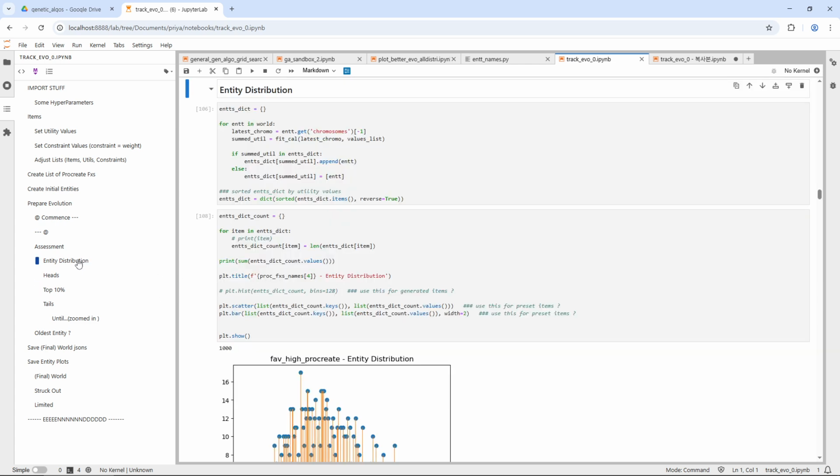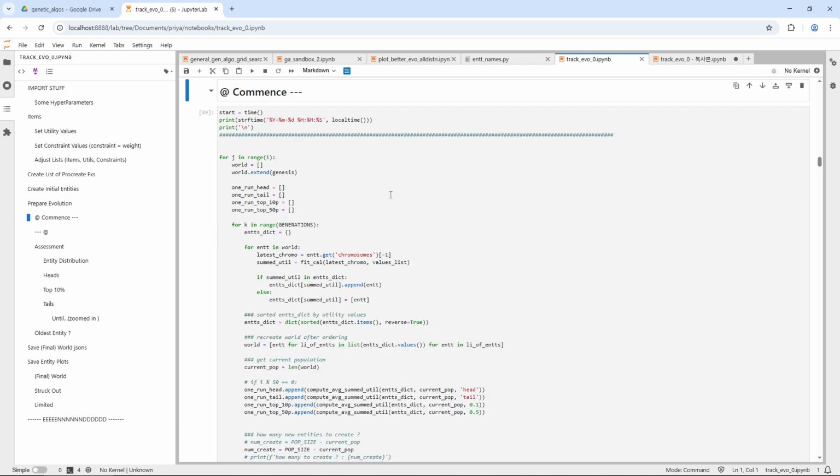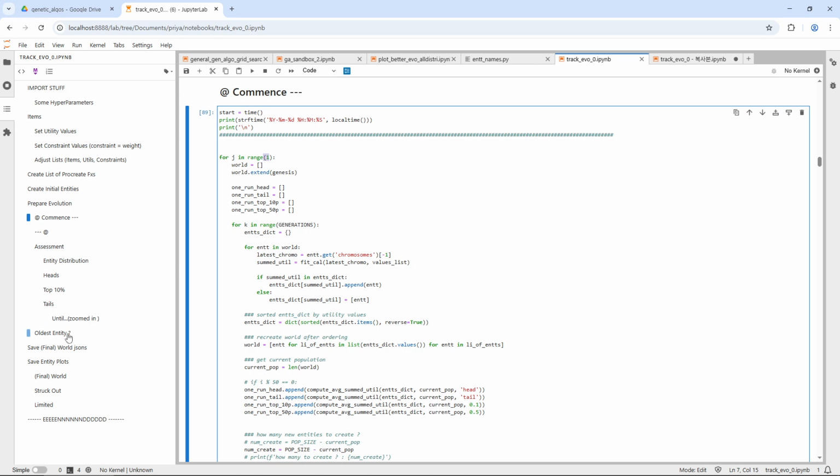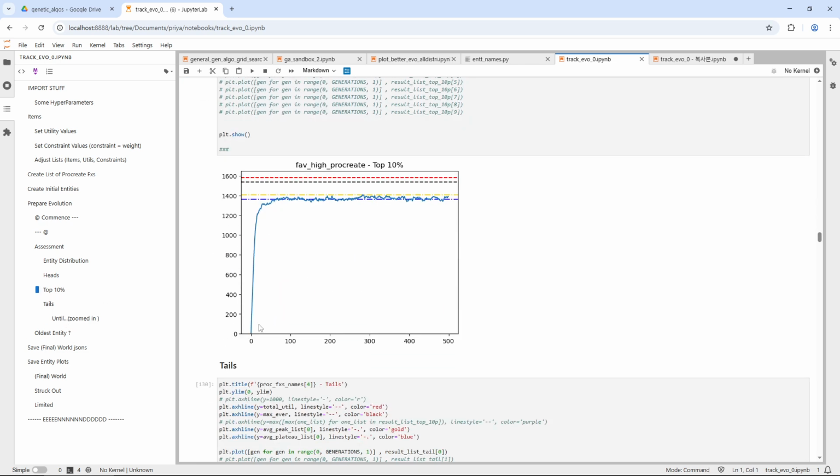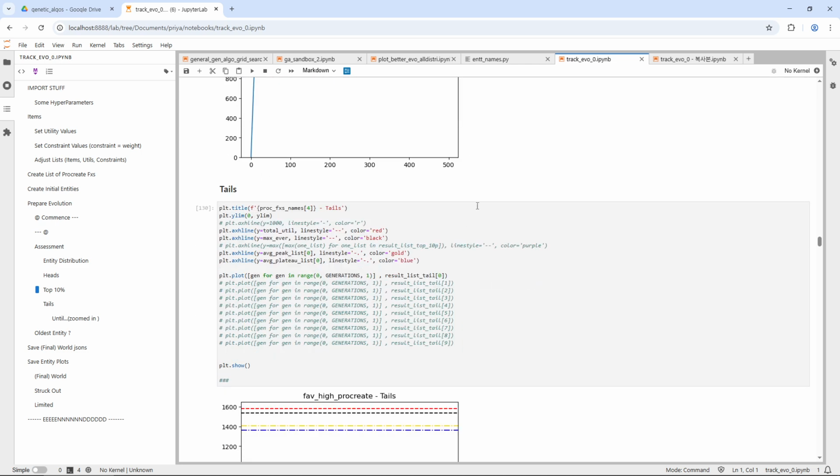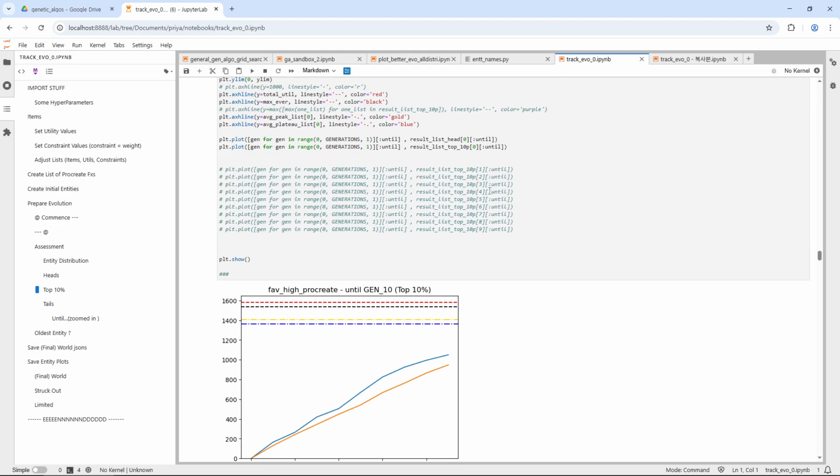But since I am dealing with a lot of variables and entities that are saved, I only iterate the evolution process only once, and that is why I'm only getting one plot or one line in each plot.